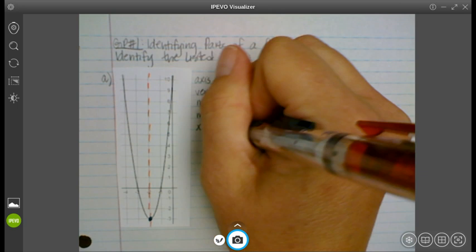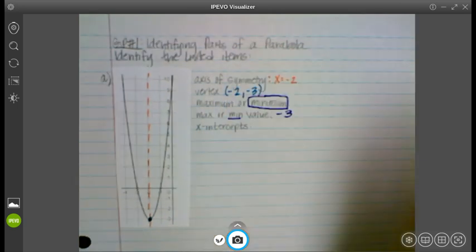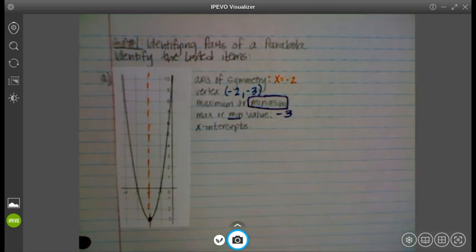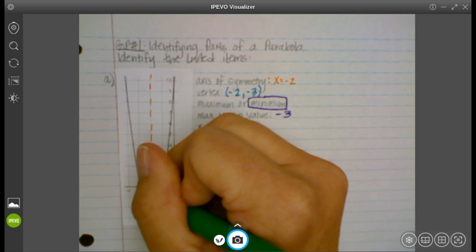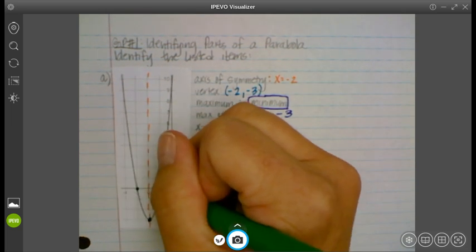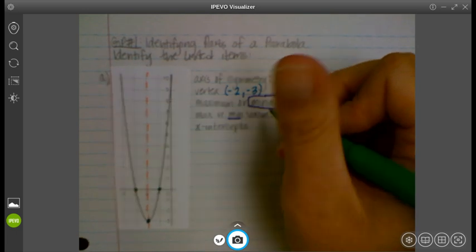Then we have X-intercepts. The X-intercepts are where our graph crosses the x-axis. And that is here and here. Those are points, so we need to write them as ordered pairs.